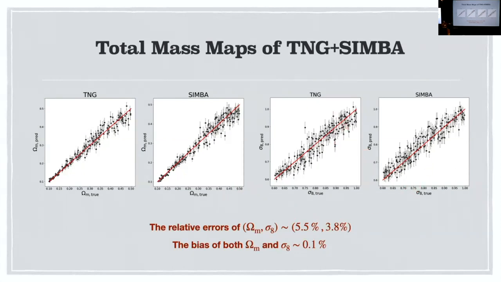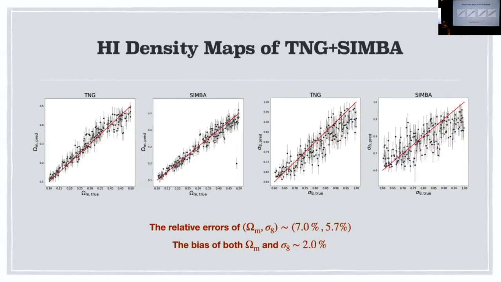We also did this with the H1 density map. Here they also look quite good, except there's some scatter, but I think it's okay, given that this is just a Boolean map. The relative error and bias are a little bit increased compared to the total density map, but I think we can do something to suppress the bias.